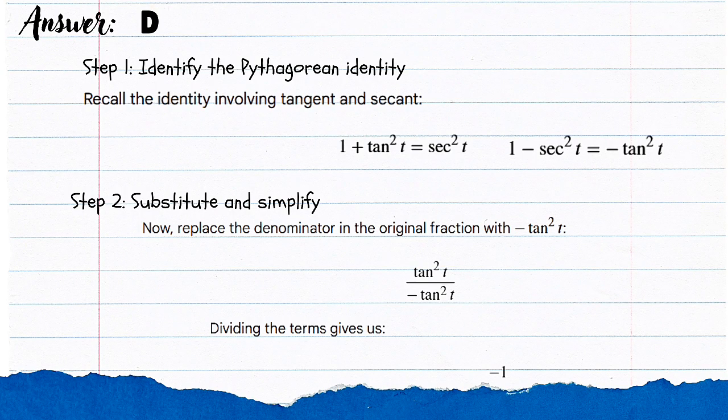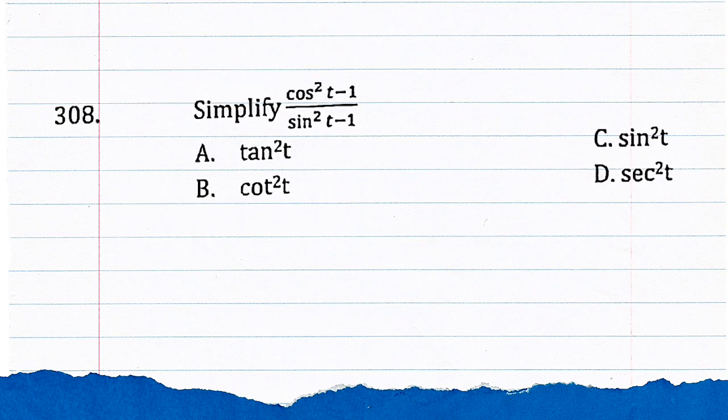And step 2 is to substitute and simplify. Now, let's replace the denominator in the original fraction with negative tangent squared t. Therefore, our expression looks like this: tangent squared t over negative tangent squared t, which will result to negative 1.